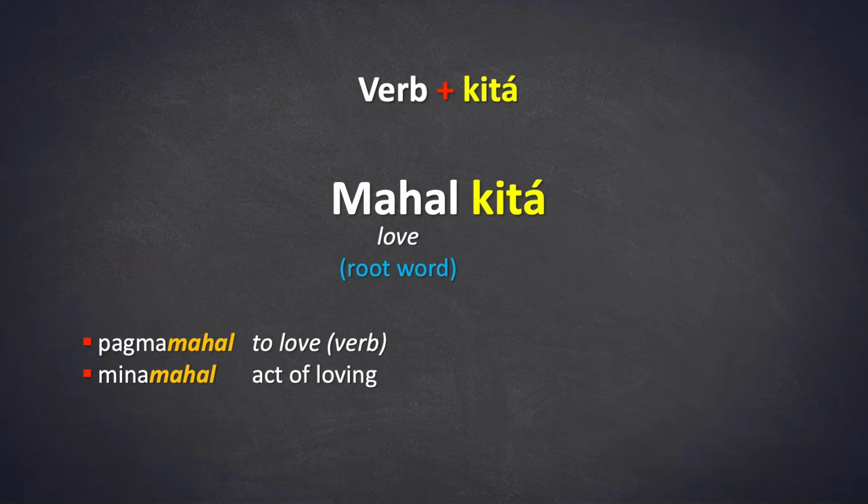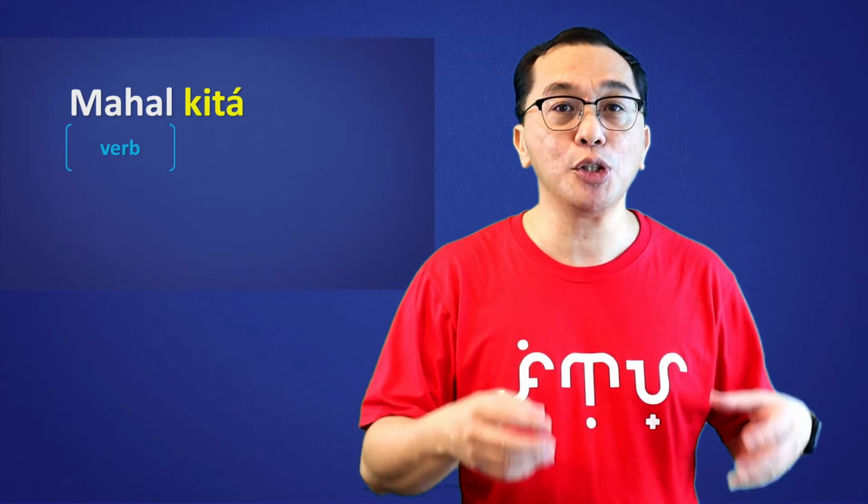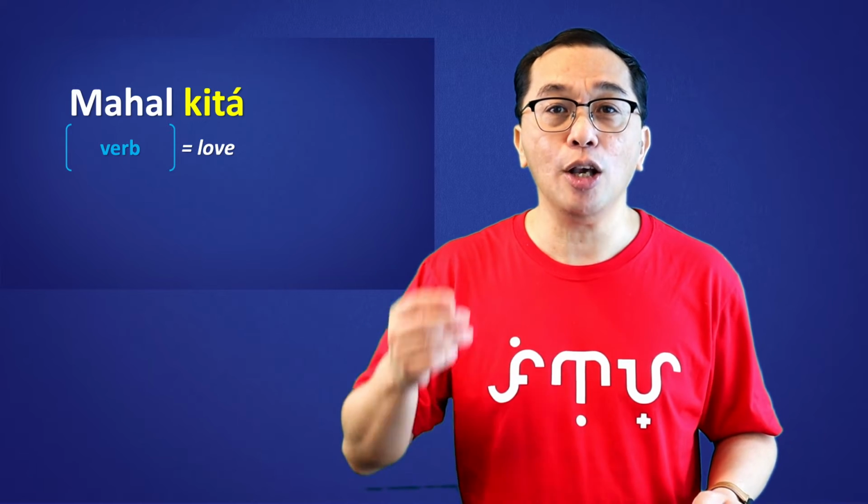Minamahal, the act of loving. Kamahalan, majesty, like your majesty, and more. In the phrase mahal kita, the word mahal is functioning like a verb, an action word. So, the word mahal is taking on two personalities here. A root word and a verb.